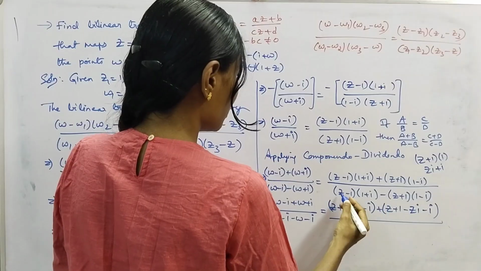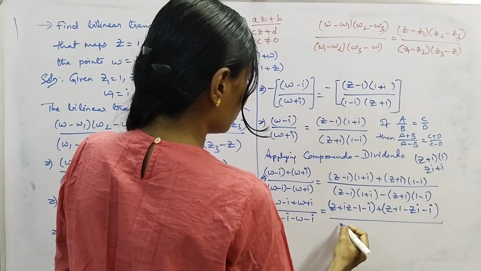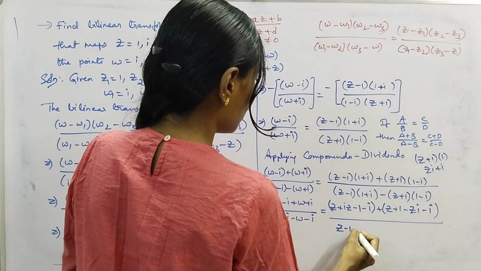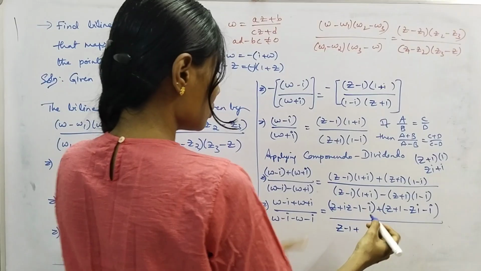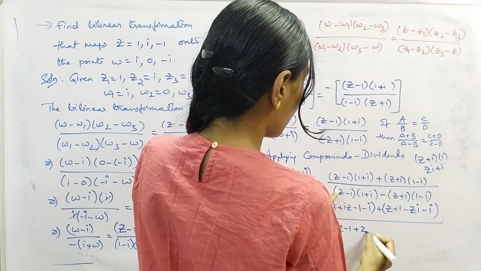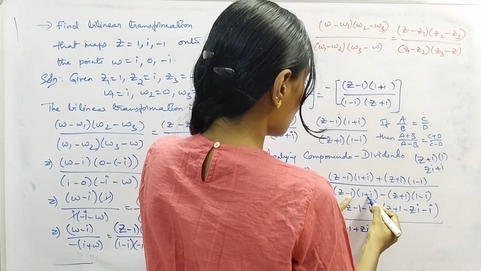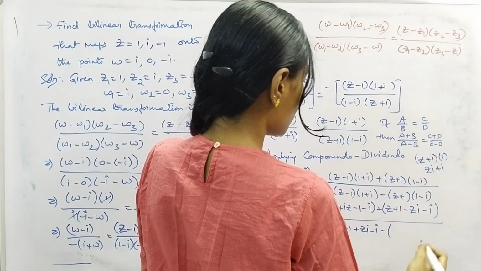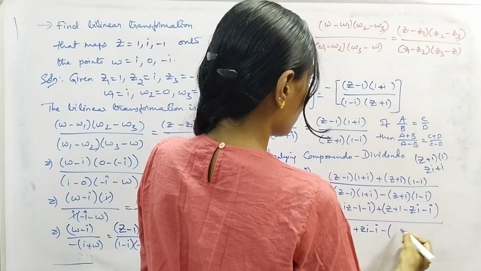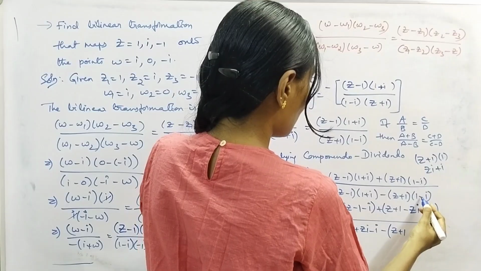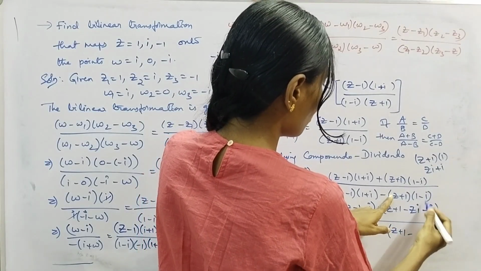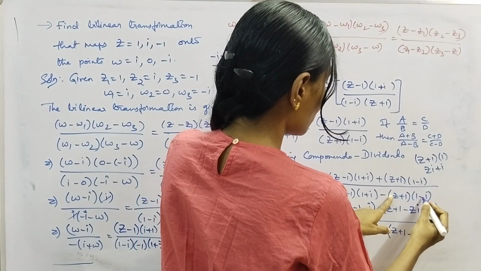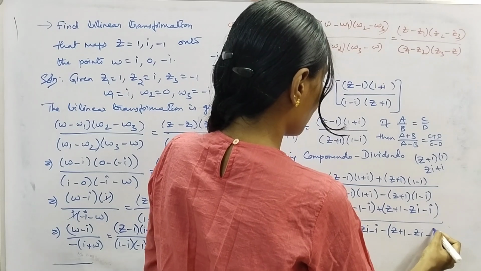And here in the denominator, z minus 1 into 1 is z minus 1 plus z minus 1 into I is zi, minus into plus minus 1 into I, minus of z plus 1 into 1, z plus 1, minus into plus minus z into I, zi, plus into minus minus 1 into I.